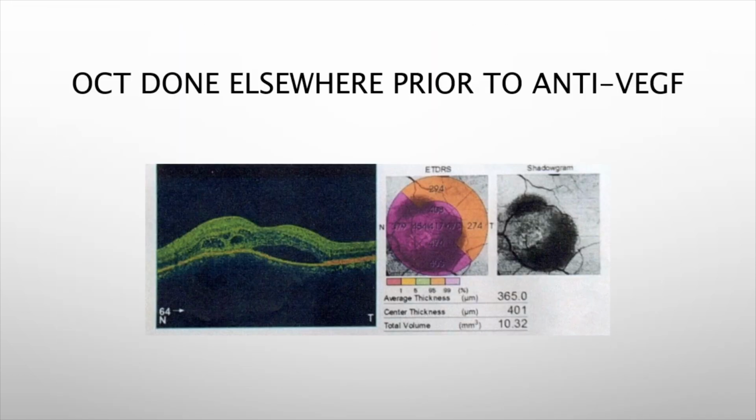So this was the OCT done elsewhere before giving the anti-VEGF, as she was diagnosed with macular edema. You can see SRF over here and intraretinal cyst over here, fluidic cyst involving the fovea.